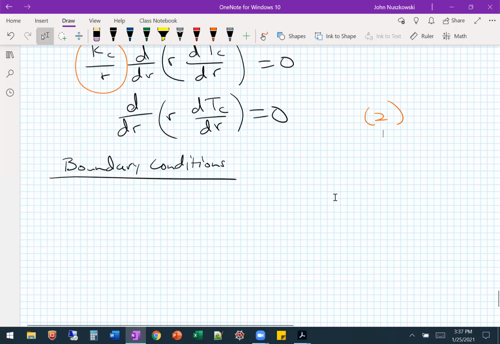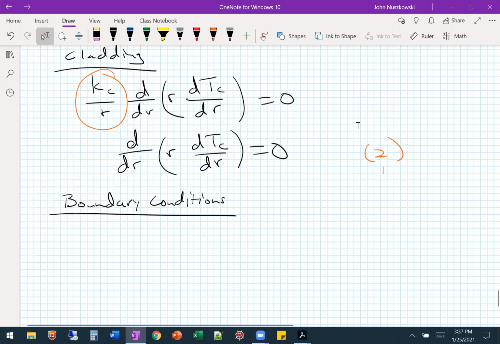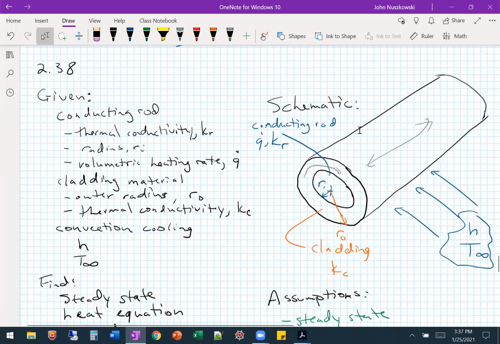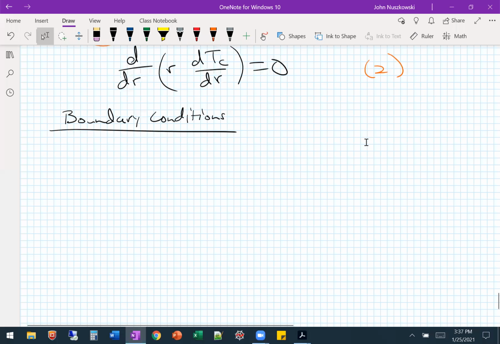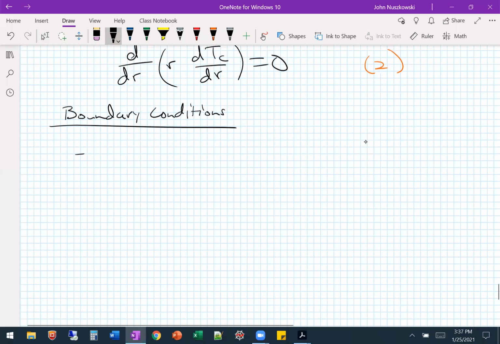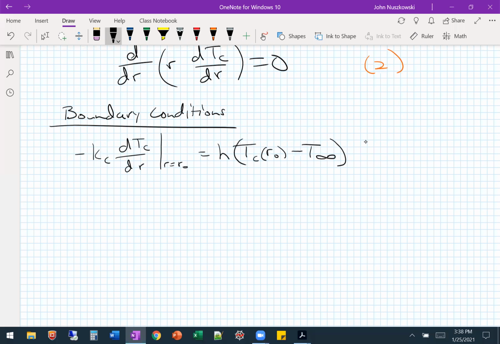So what boundary conditions do we have? Convection cooling. All right, so we have convection on the outside, right? So we'll do that one first. That's convection, right?